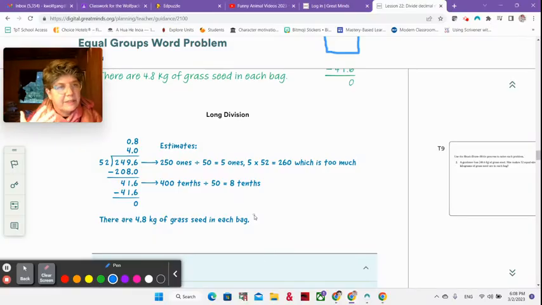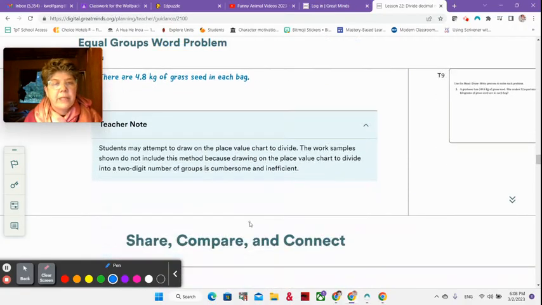It does get a little bit easier after you practice it. And then long division and thinking about estimates: 250 ones divided by 50 equals 5 ones, right? So this is what we did. And then the 260 was too much and we had to take it down to 4. That's what we do use our estimates for, right?